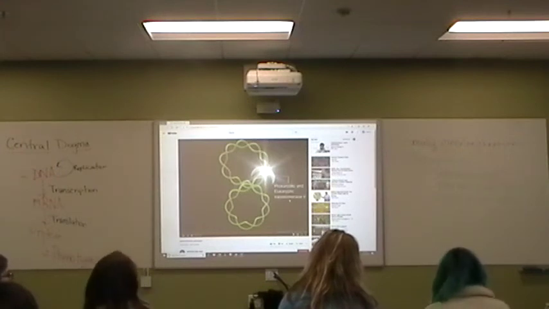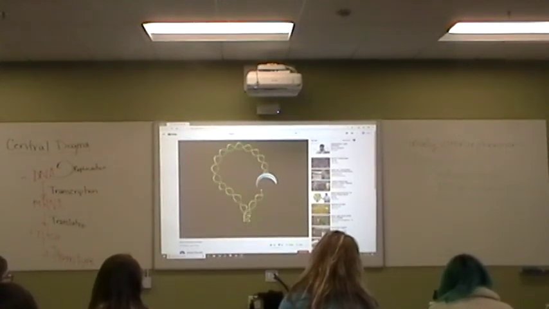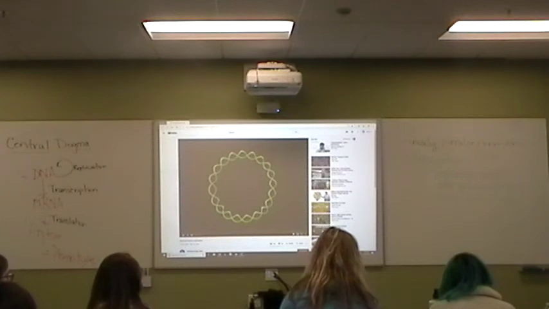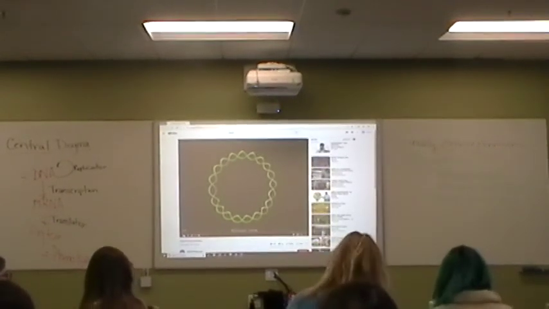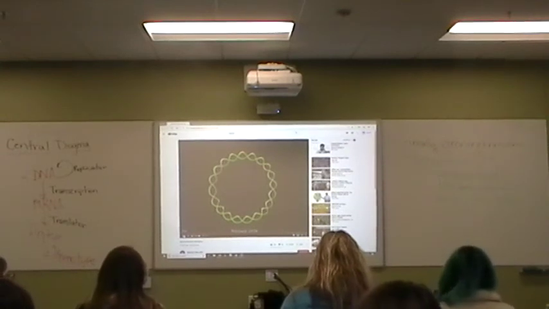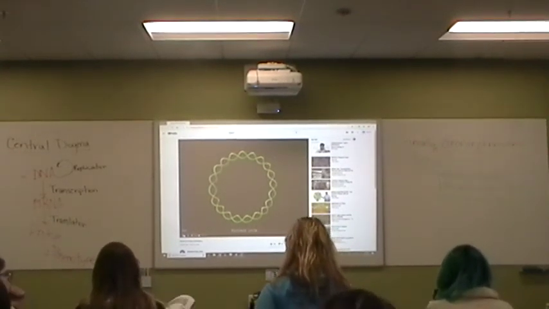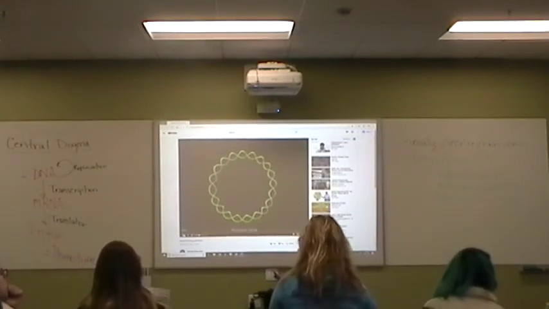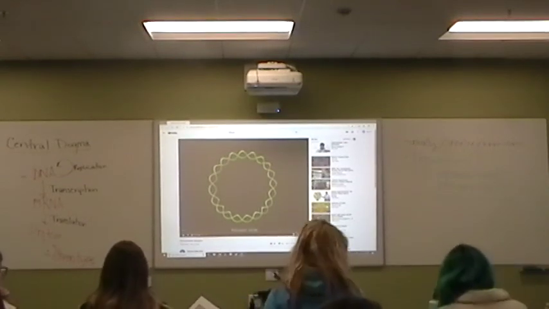Double-stranded break. See how it untwists? Of topoisomerase 2, okay, which is going to undo positive supercoiling for intracellular.